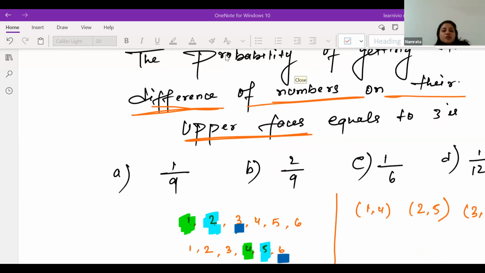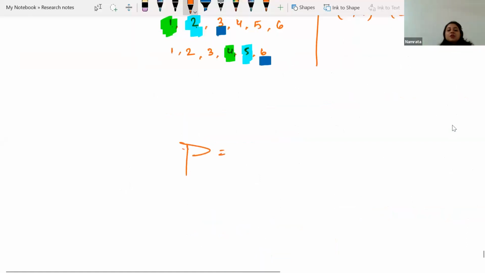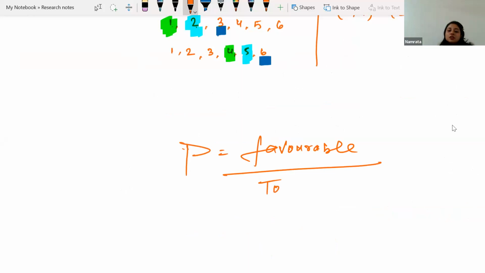When we are throwing two dice, one after another or both simultaneously, how many total possible combinations will we be getting? As you know, the probability formula is favorable outcome over total outcome. I am asking what will be the total outcome in this case without even thinking about the favorable outcome.